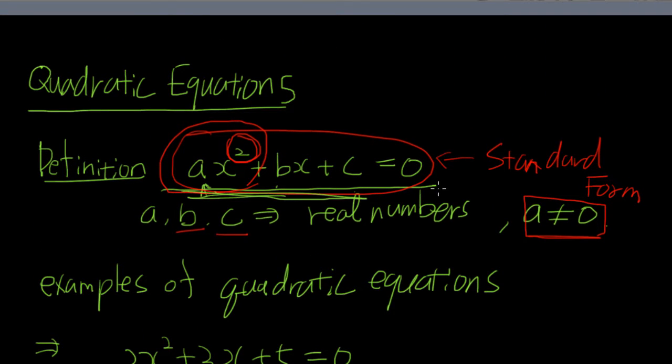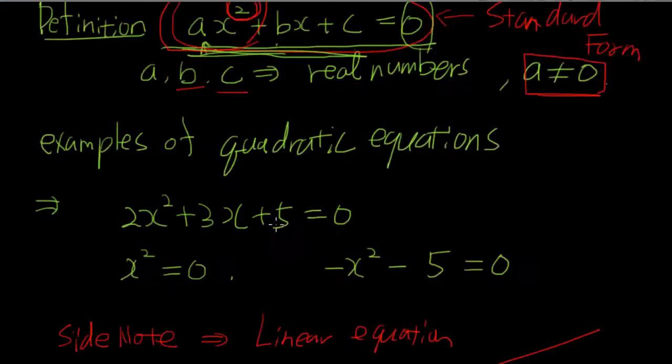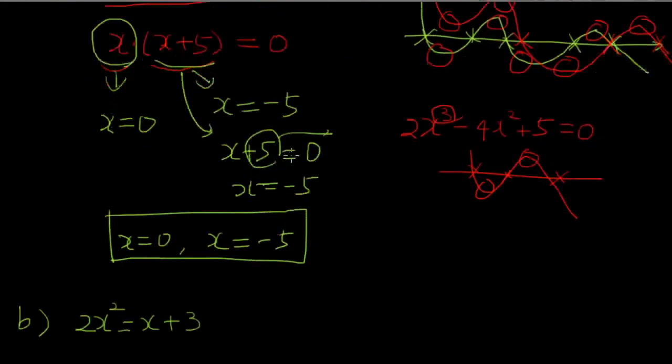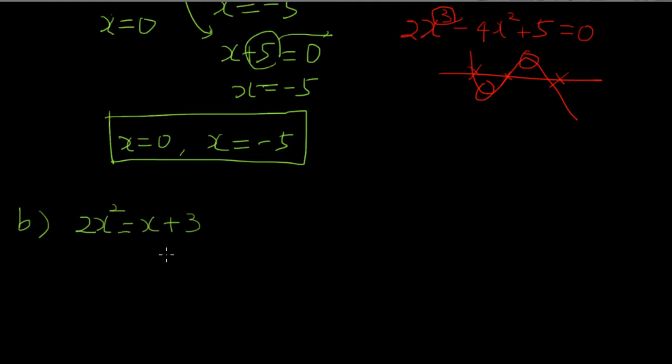As you can see, the x terms are on the left-hand side. I mean, right-hand side. Everything else is on the left-hand side. So this form is not. But not to worry, we can change that to standard form by simply moving this and this to the other side.